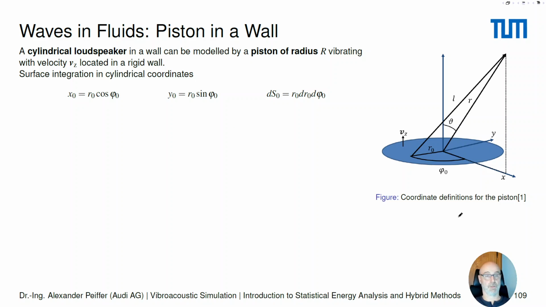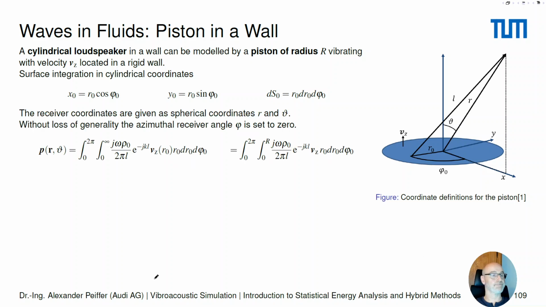For doing the surface integration, we change coordinates a little bit. From the Cartesian coordinate system, we go to cylindrical coordinates at the surface by using this coordinate transform and a different integration surface step.